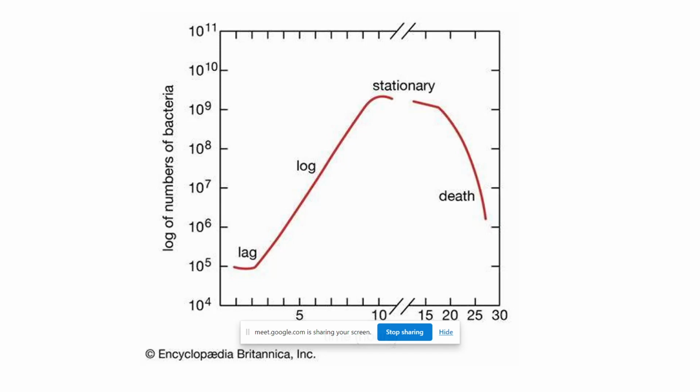So they will try to multiply into a numerous number, and it will reach the log phase. The reproduction will be increasing, and the cell density will increase like anything. After that, it will reach the stationary phase. In the stationary phase, the bacteria won't reproduce. It will just increase in its size.